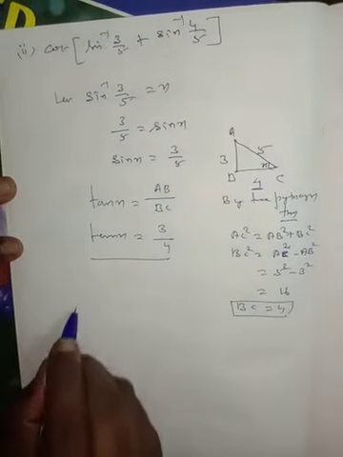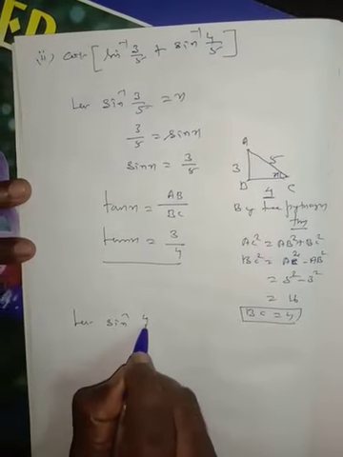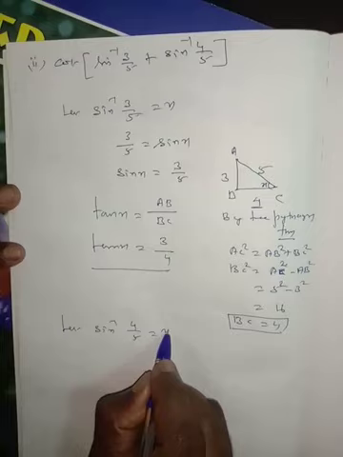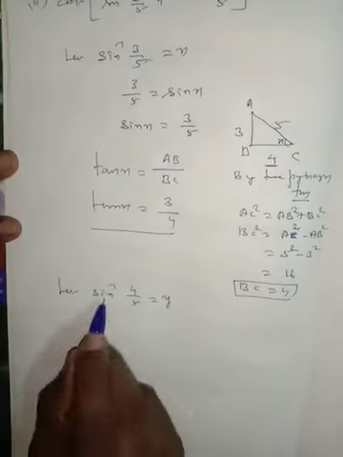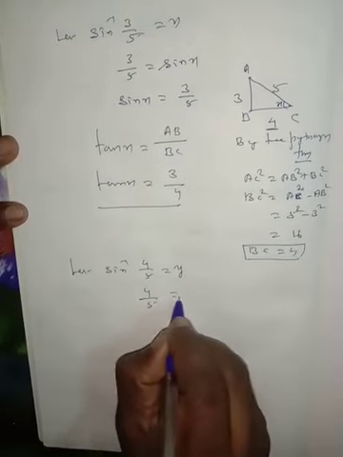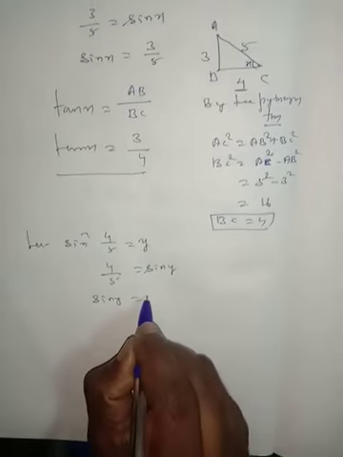Now next, let sine inverse of 4 by 5 be equal to y. Taking sine on both sides, we get 4 by 5 is equal to sine y. Sine y is equal to 4 by 5.